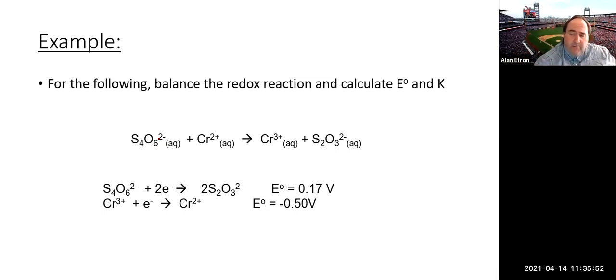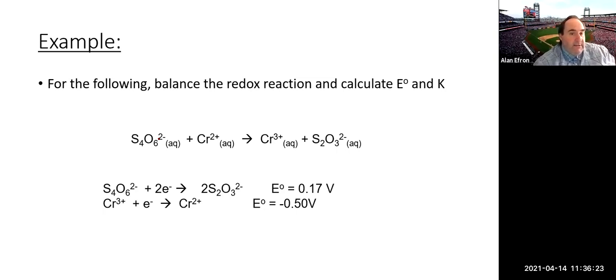That would imply the reaction is heading towards the product side, and we would expect a larger value for K because we would have more products than reactants. The opposite would be true if we ended up with a negative cell voltage. Negative cell voltage would result in a positive delta G, meaning the reaction is non-spontaneous, hanging out on the reactant side, which means we would expect a lower value of K.